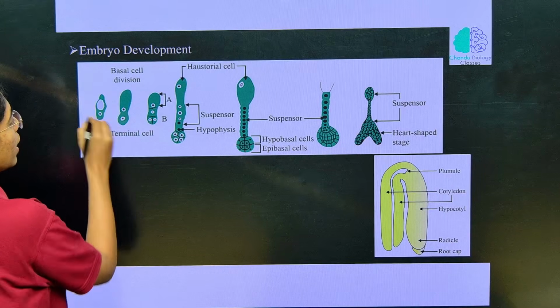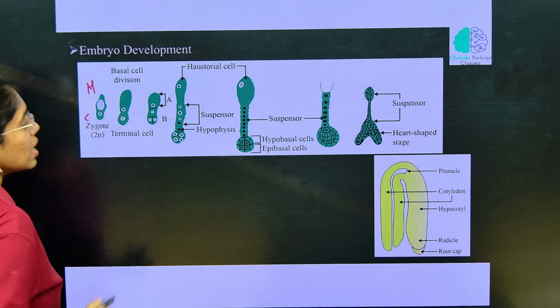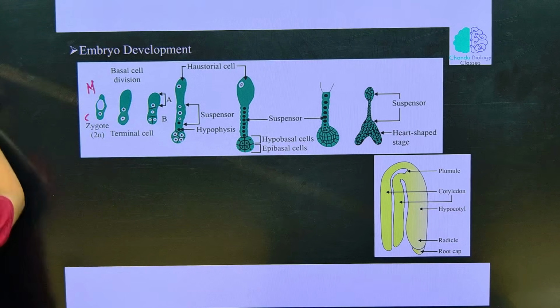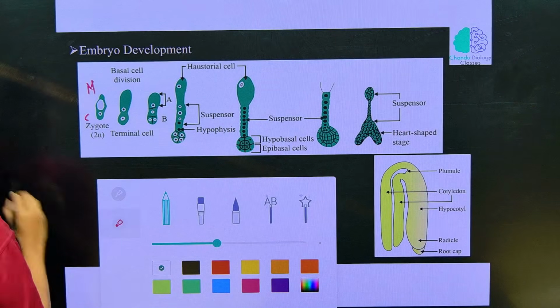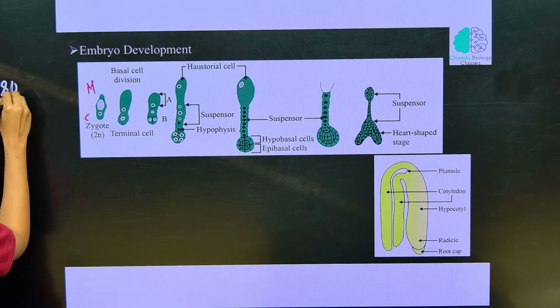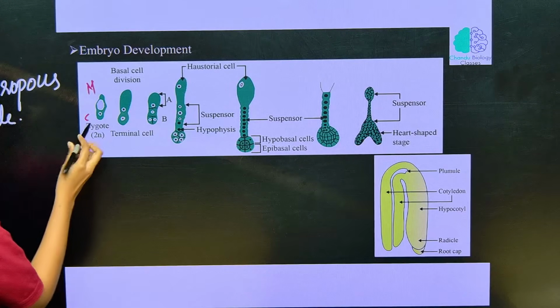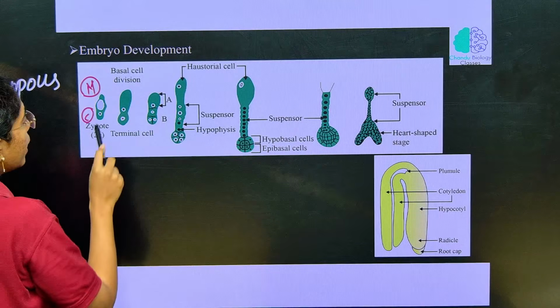Here you see this is the micropylar end and this is the chalazal end of this zygote, of let us consider an orthotropous ovule. This is not an anatropous ovule, this is a straight ovule, which is orthotropous. Zygote will have micropylar end and chalazal end. Clear, right?